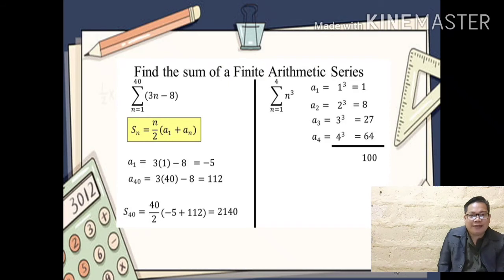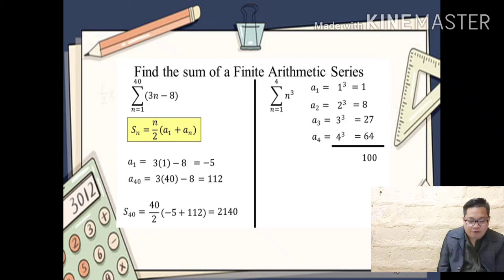Pag nakuha na natin yung first term at saka yung last term, pwede na nating isubstitute doon sa formula na S sub n. Ibig sabihin yun yung sum. S sub n equals n over 2 times a sub 1 o yung first term plus a sub n yung last term. So S sub 40 equals n. Dahil ang sabi natin, from 1 to 40, ibig sabihin mayroong 40 na terms.